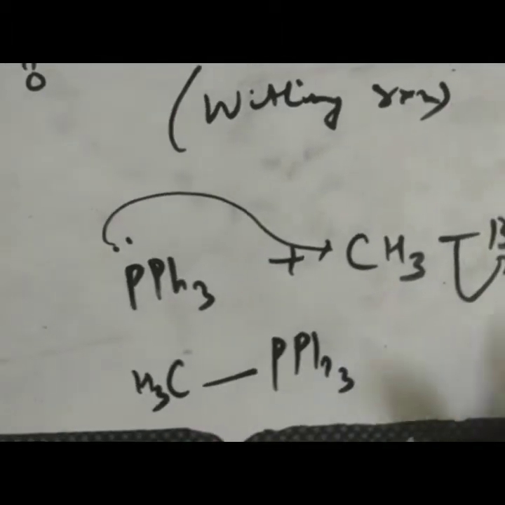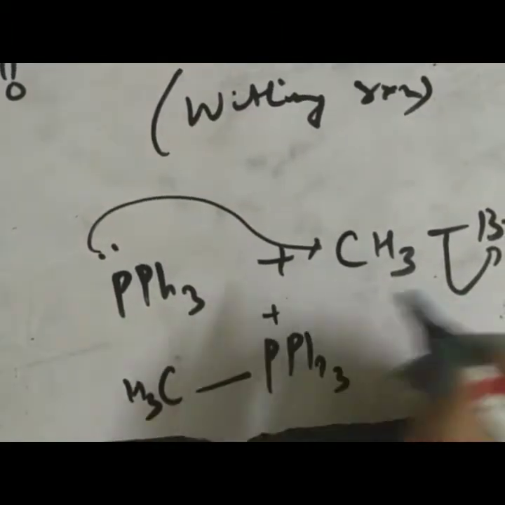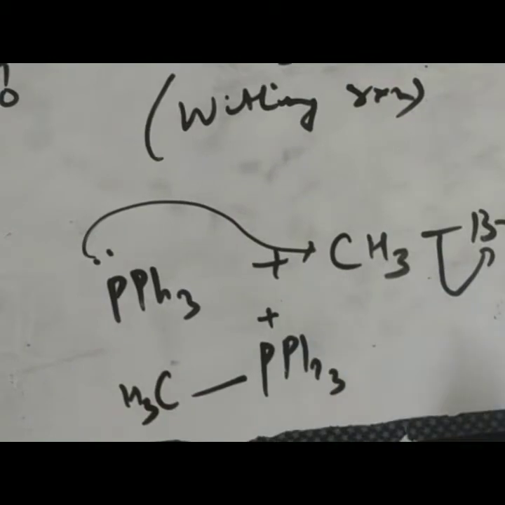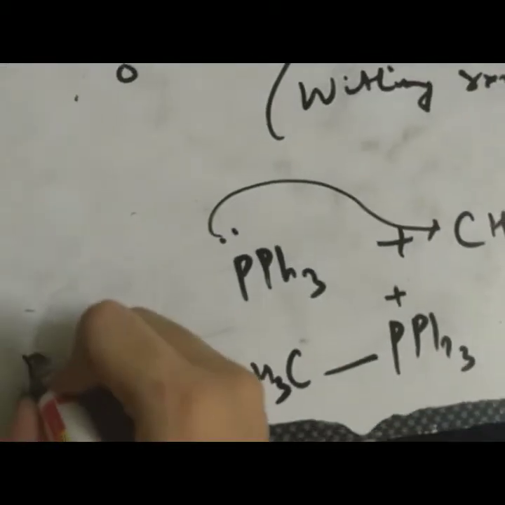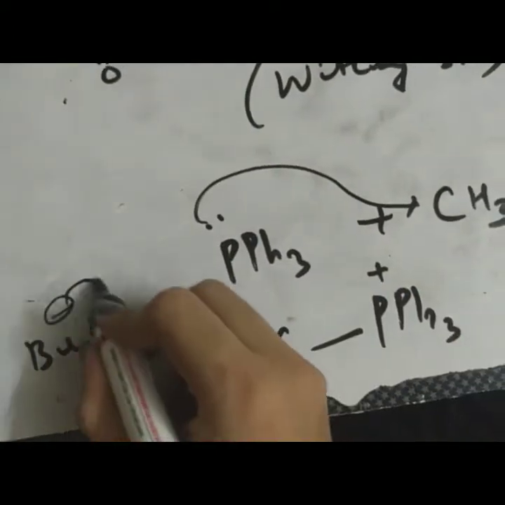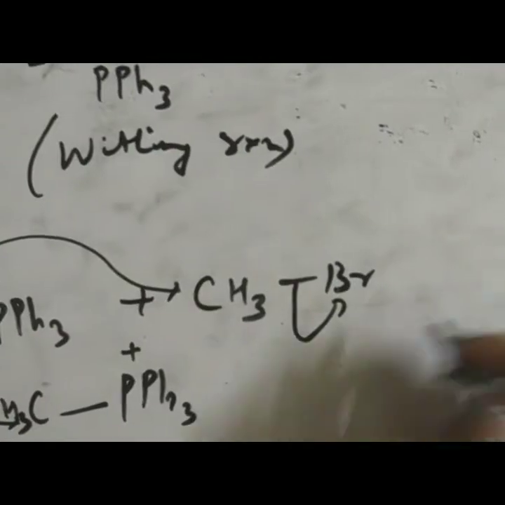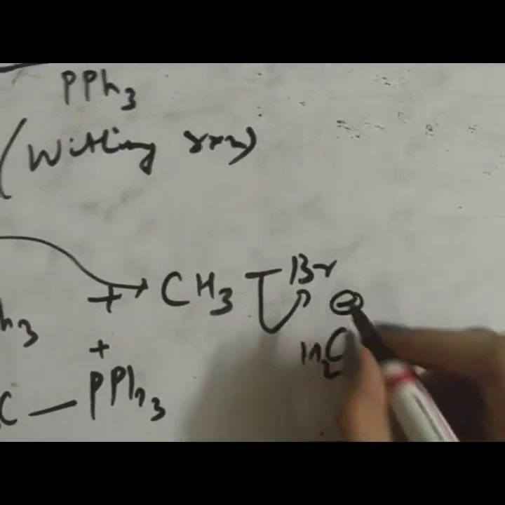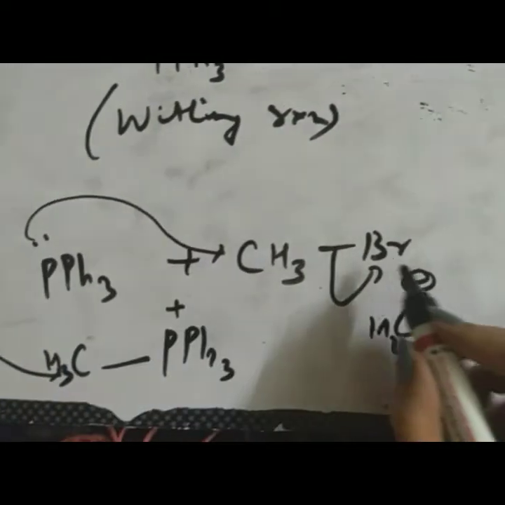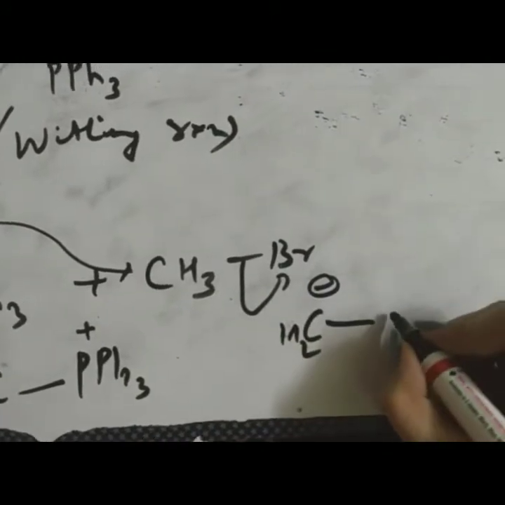As soon as this happens, a positive charge is generated over phosphorus, and then butyl lithium, being a good base, will abstract the proton from here. CH2 minus, if the proton is going, a minus is obtained. So it is like this.